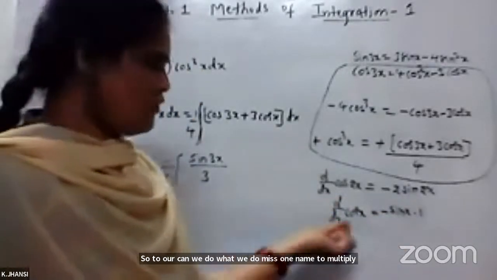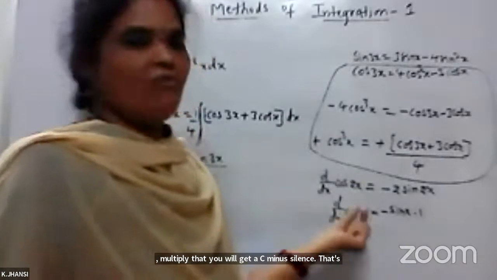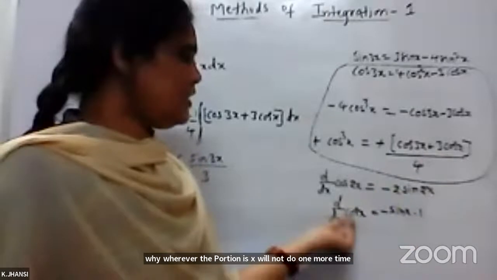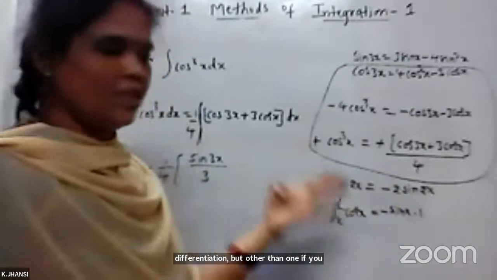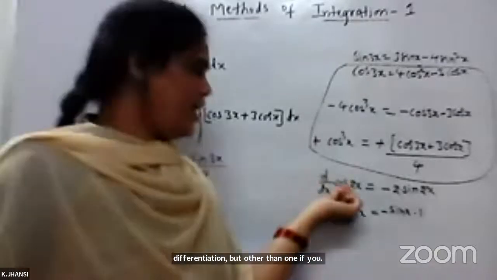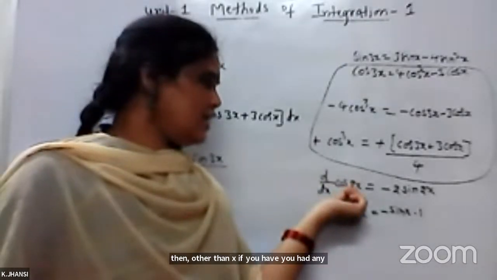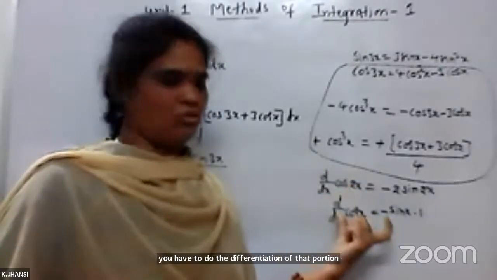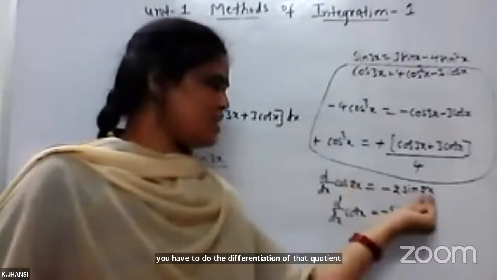That's why wherever the coefficient is just x, we don't do the extra differentiation. But if we have 2, 3, 4, 5 or nth term or anything other than 1 with x, then you have to differentiate that coefficient also. So the differentiation of 2x is 2.